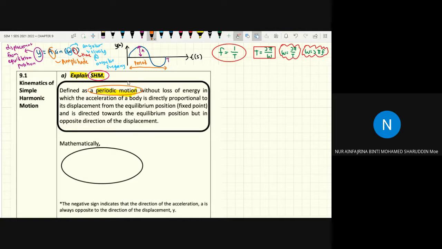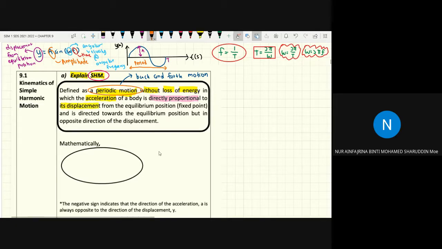Periodic motion is back and forth motion without loss of energy, in which the acceleration of a body is directly proportional to its displacement.